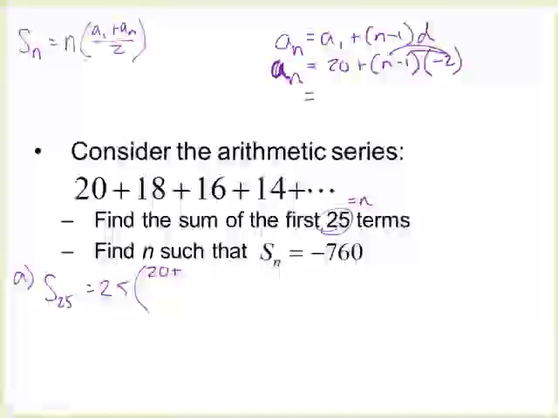So we distribute that in and combine like terms. So our 25th term would be what we get when we plug in 25, which is negative 28.